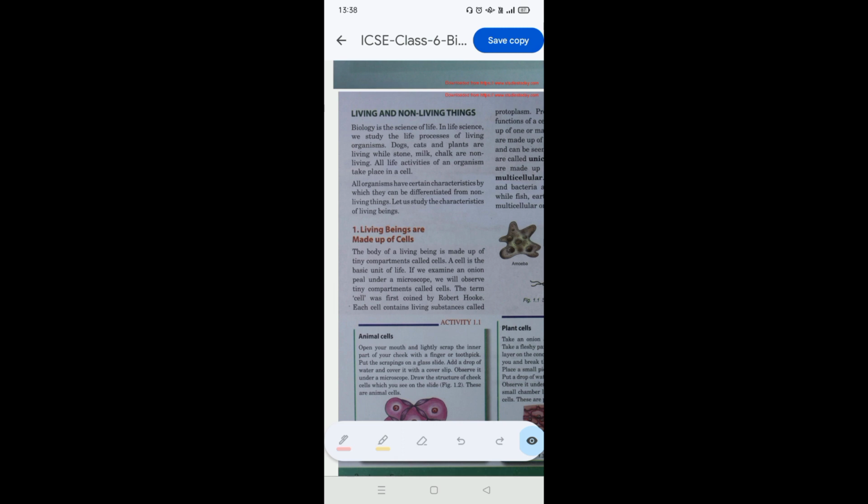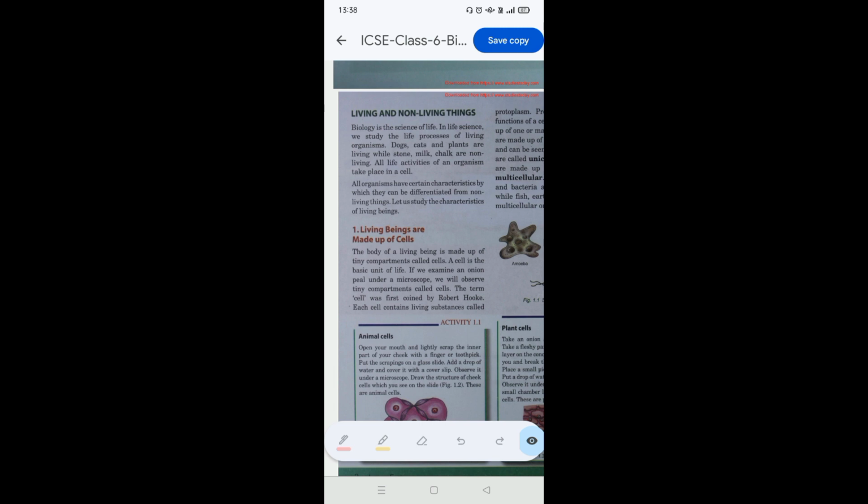All life activities of an organism take place in a cell. So, in case of a living organism, all the activities take place in a cell.